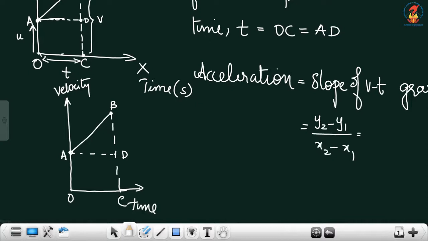That is, what is the change in y-axis divided by what is the change in x-axis?